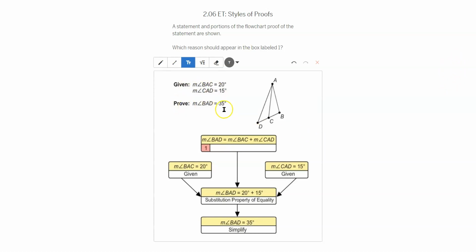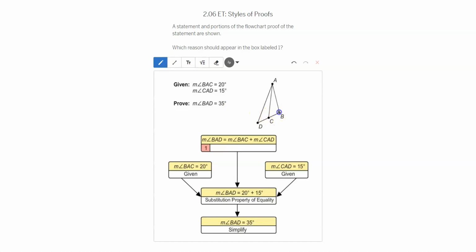So here's our given, here's our proof. Our very first set of information is that we want to get from what is given to substitution property of equality. So we're going to say that the measure of angle BAD is equal to the measure of angle BAC plus the measure of angle CAD.